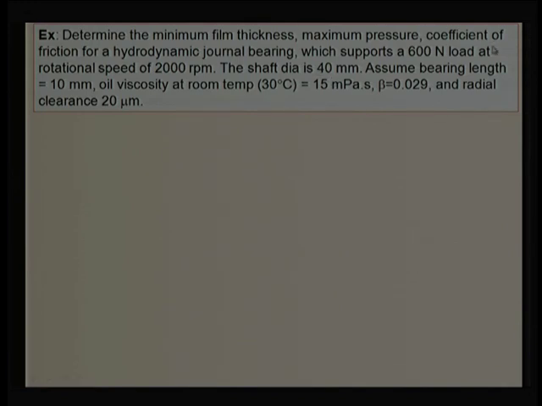Assuming the bearing length is 10 mm, the L by D ratio is 0.25. Oil viscosity at room temperature has been defined as 15 millipascal second. Beta, a constant for calculating the viscosity at any temperature rise, is given as 0.029, and radial clearance C is defined as 20 micron.